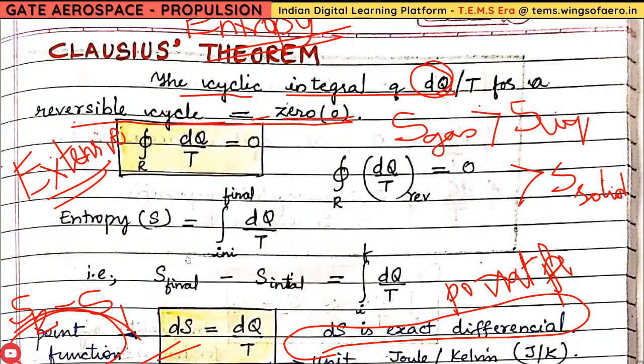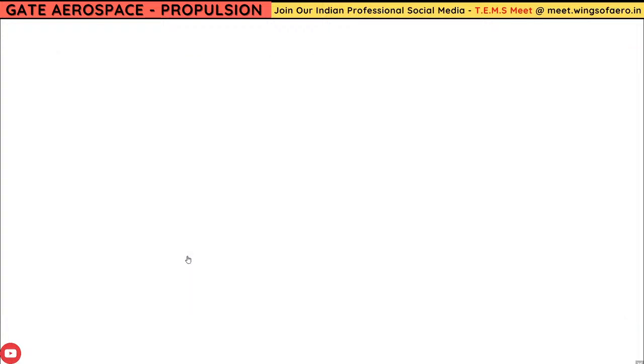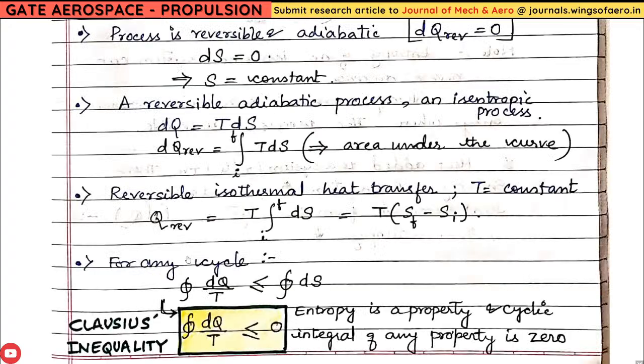This is the formula. Remember the formula, and it has various states, how it acts based on the different stages. Okay. First, we will look into the process when it is reversible and adiabatic. When it is reversible and adiabatic, what happens? We will look into that.